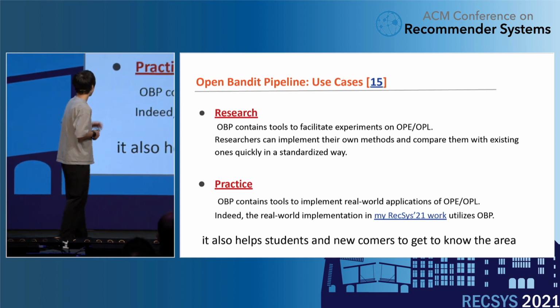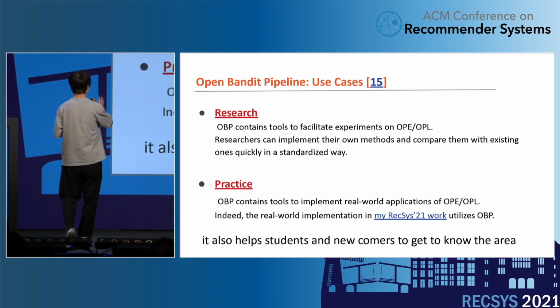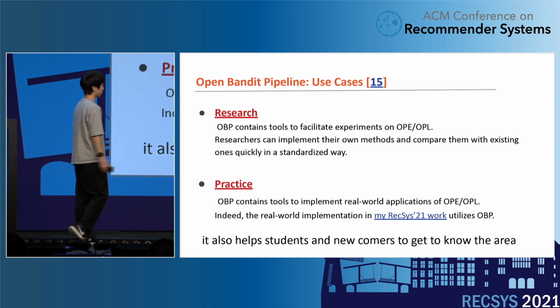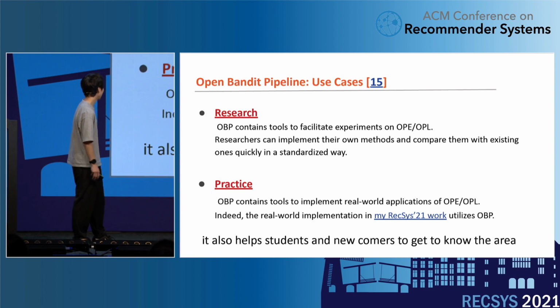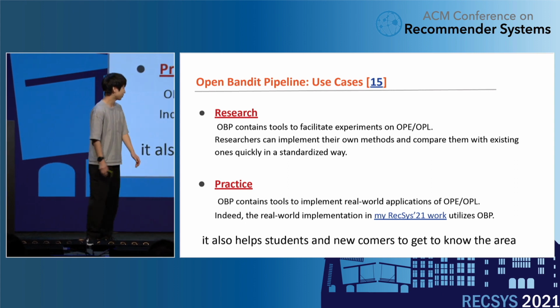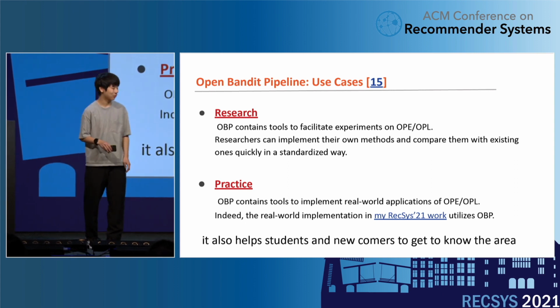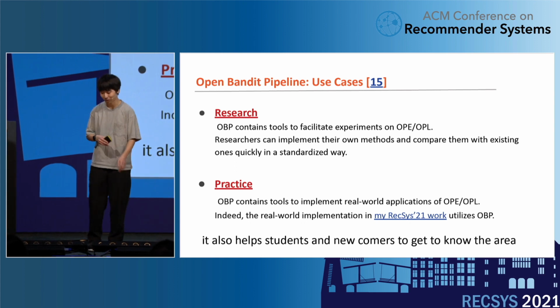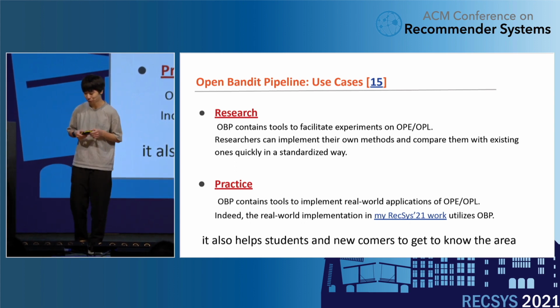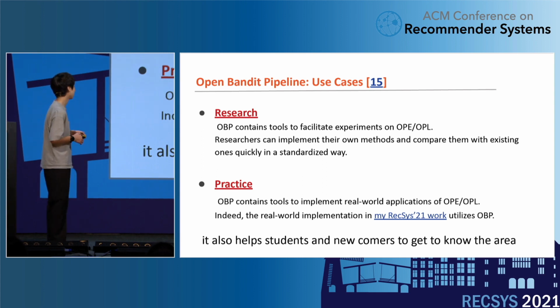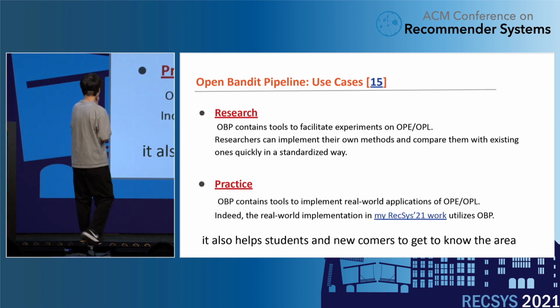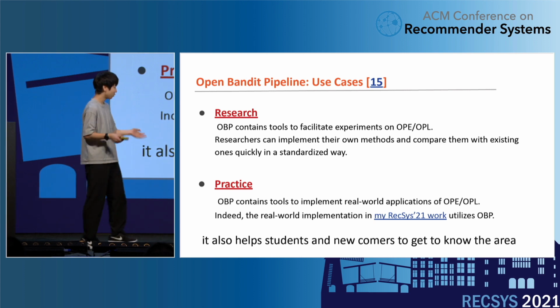It is also useful in practice. It contains functions to implement real-world applications of off-policy evaluation and learning. Actually, the real-world implementation part in my RecSys work utilizes this pipeline to productionize off-policy evaluation in the company I collaborated with while in Japan. I think it also helps students and newcomers get to know the area.